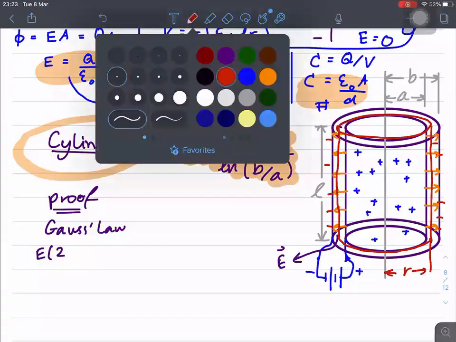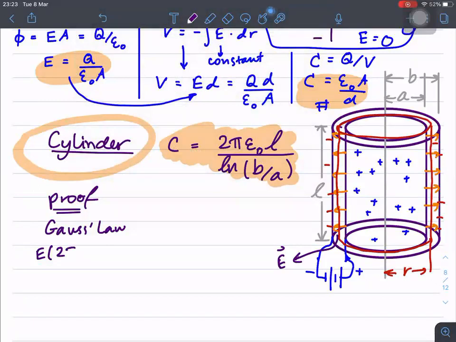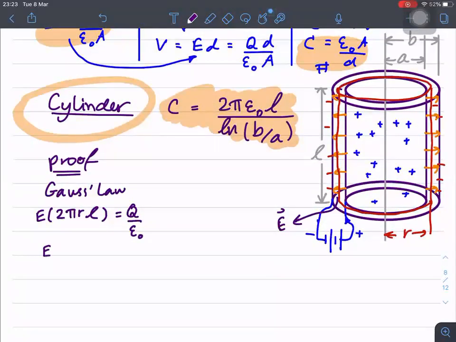Then I would have 2 pi r L as the area of the cylinder, and it would be equal to Q over epsilon. So the electric field can be found as Q over 2 pi epsilon L times 1 over r.